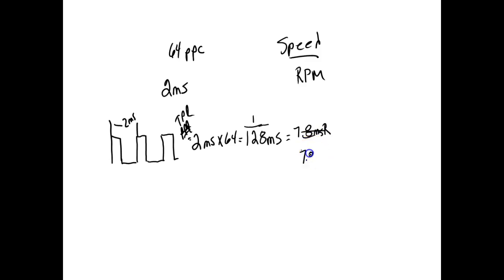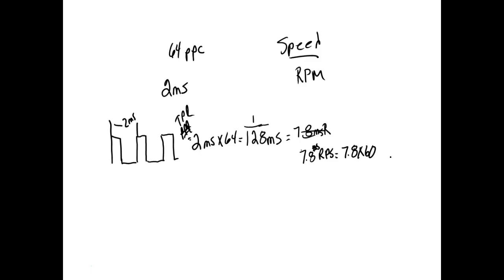And then we multiply it times 60. Something's going wrong. Oh, this is 7.8. It's not 7.8 milli, it's 7.8. I can't take the reciprocal of 128 milli and come up with milli, right? Then we multiply this times 60. So this guy here is screaming.